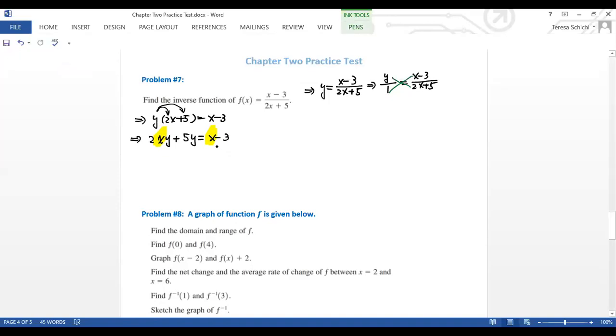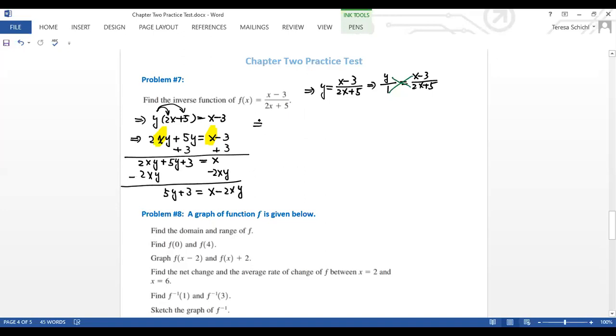So the first thing, I move everything not x, so I plus 3 on both sides. So this will be 2xy plus 5y plus 3, and this is x, right? Now this term, 2xy, has x, so I minus 2xy. So what happens here is 5y plus 3 is equal to x minus 2xy, all right?